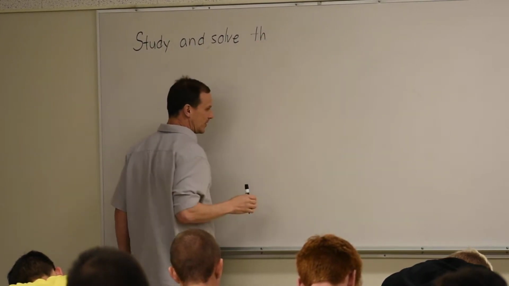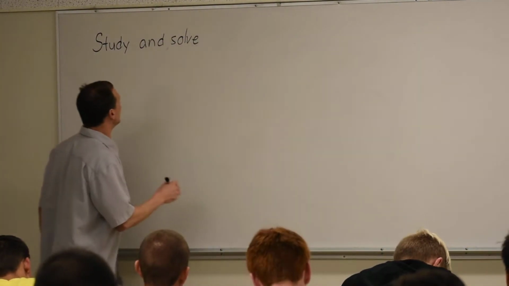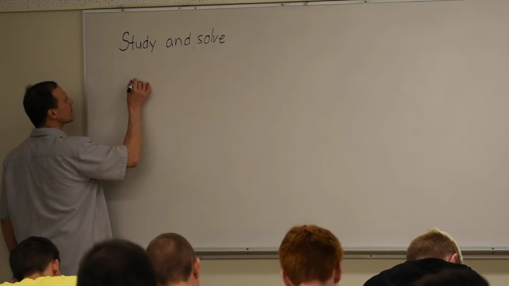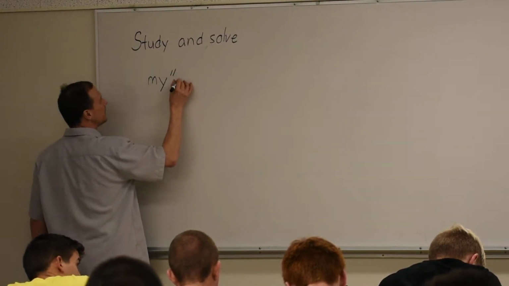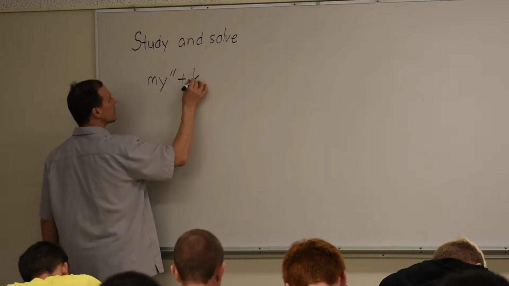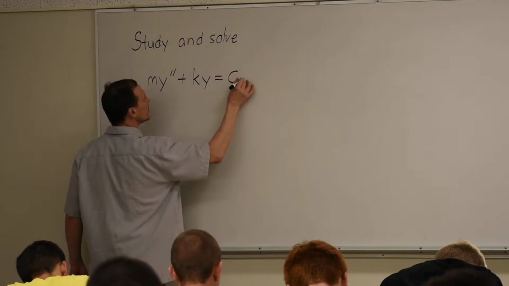I don't even need to write this equation. Study and solve. Let's just write the equation. The equation is m y double prime plus k times y equals 0.